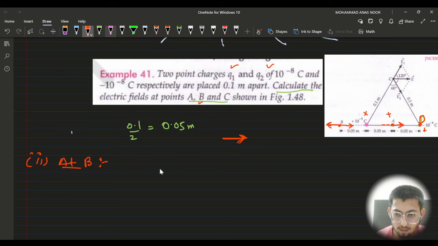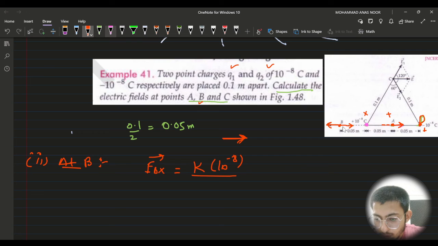So in this case, we would write, let's say, E at B due to X. It would be K Q divided by R square. What is R? 0.05, correct? And it is in the direction, you can say, CB unit vector.